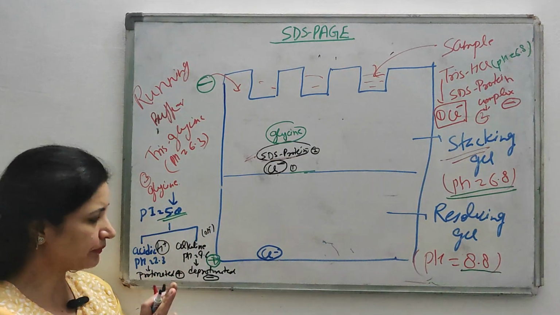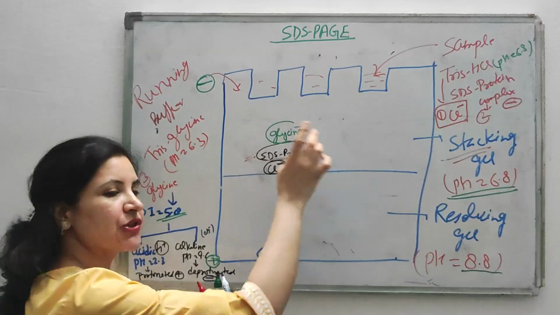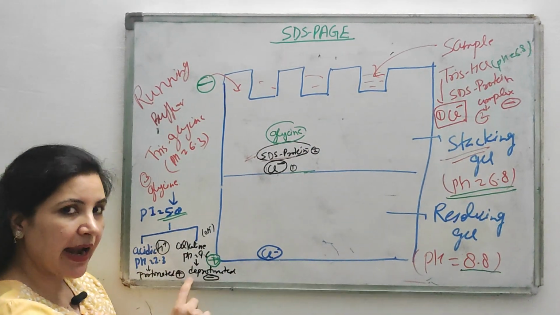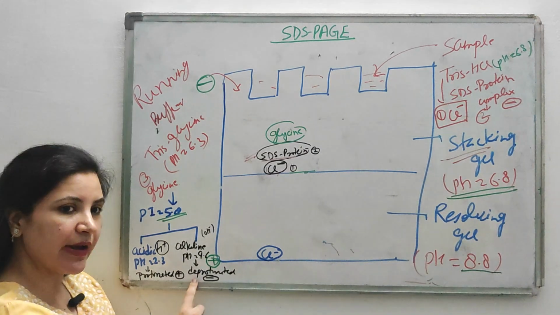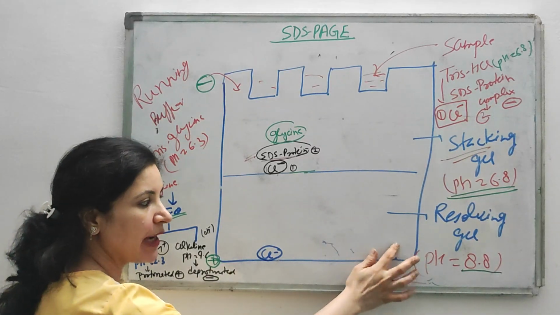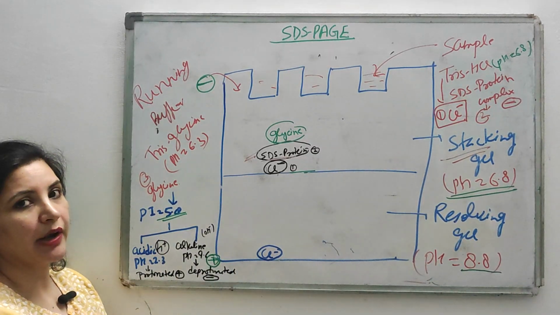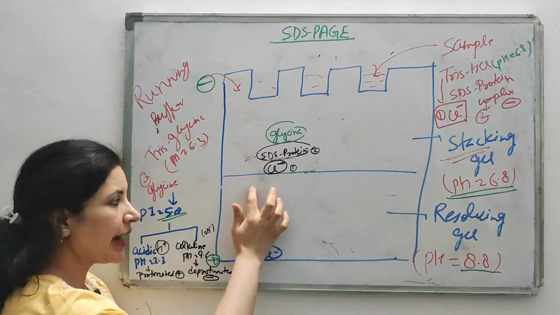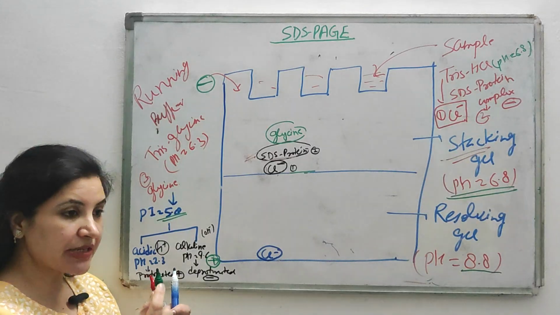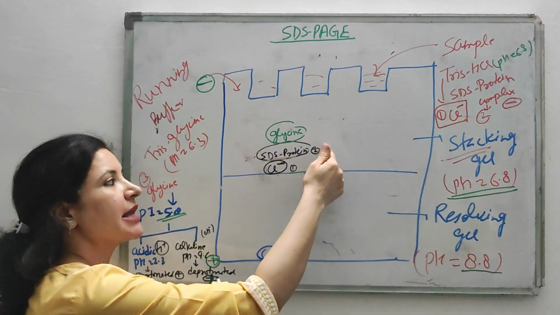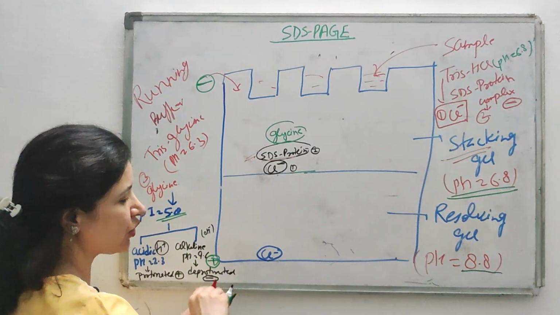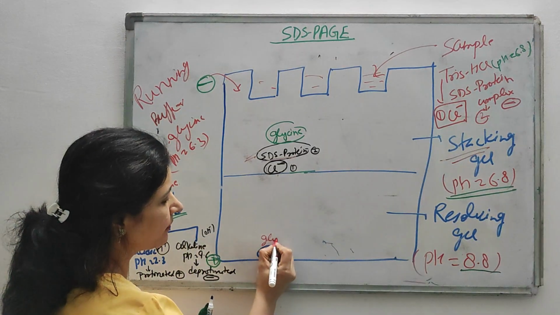Now the scenario changes in the resolving gel, because at pH 8.8 glycine becomes deprotonated in the alkaline medium and carries a negative charge, and glycine is smaller in size compared to your SDS-protein complex. So second in the resolving gel is your glycine.